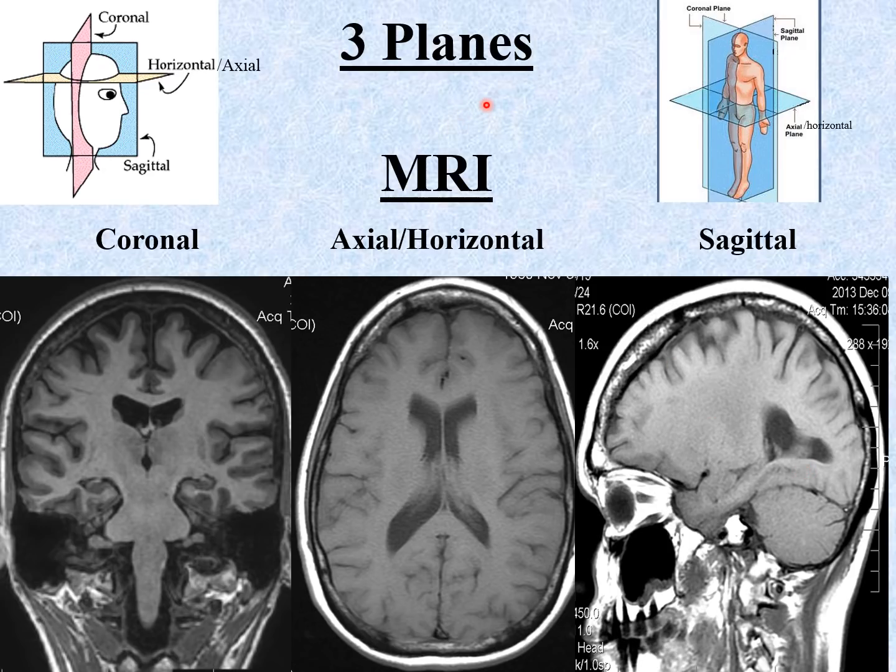The images may be available in three different planes. That is, in a horizontal plane, essentially a cut horizontally through, in this case, the head. We see the horizontal plane here in the middle with an MRI, or a coronal plane, a frontal appearance, and here we see the coronal image for the same brain, or a sagittal image, which is the blue represented over here.